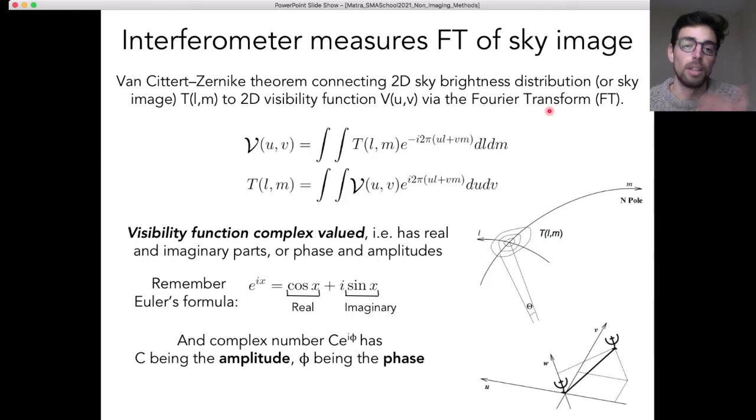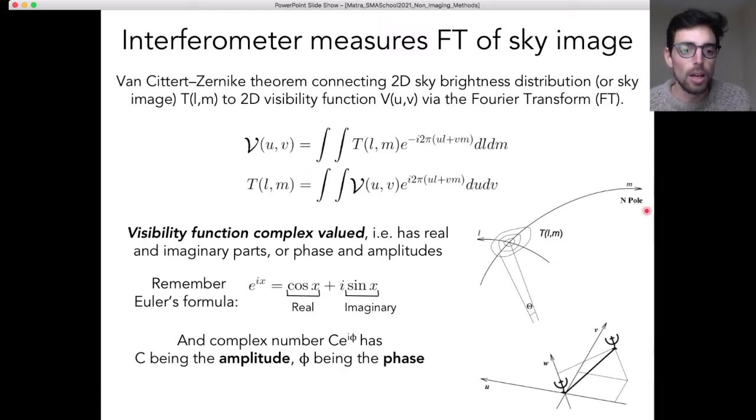So what the interferometer measures is the Fourier transform of the sky brightness distribution T. And the two are related through the Fourier transform. So the visibility function is the Fourier transform of the image function, and the image function is the inverse Fourier transform of the visibility function.